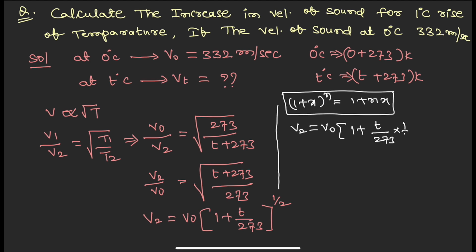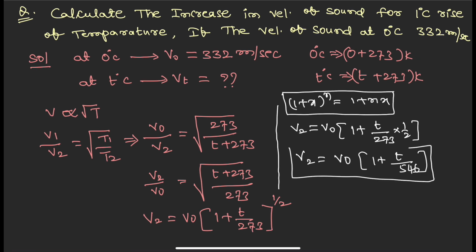So V2 is equal to V naught times 1 plus T by 546. This is the velocity of sound at T degrees Celsius.